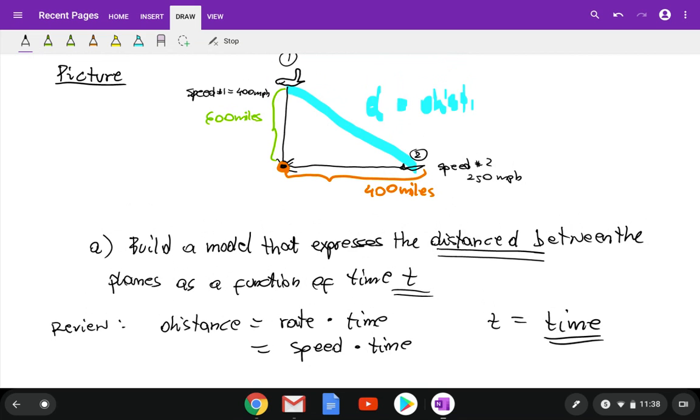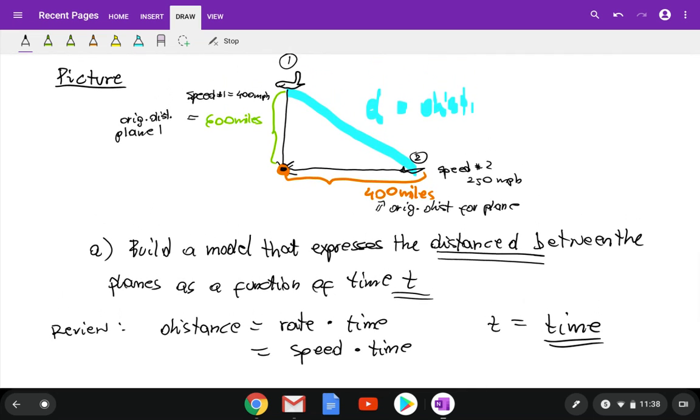So from the original distance for plane 1, which is 600, and 400, the original distance for plane 2, we will need to subtract the distance with respect to time. Okay, so of course that distance will be decreasing.